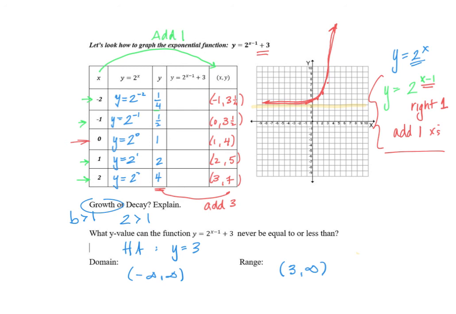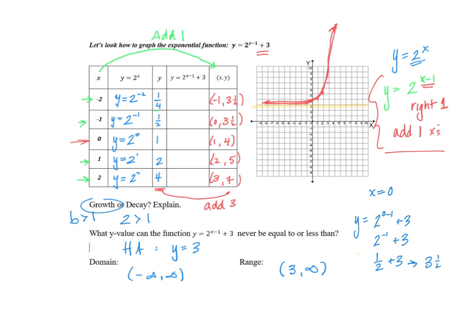Let's say instead, I'm just going to use 0 as my input. So if x is equal to 0 and I choose to plug this in all at the same time, that's going to be 0 minus 1 plus 3. This is going to be 2 to the negative first plus 3, which is 1/2, plus 3, which is going to give me 3 1/2.